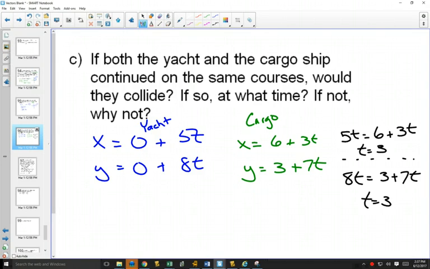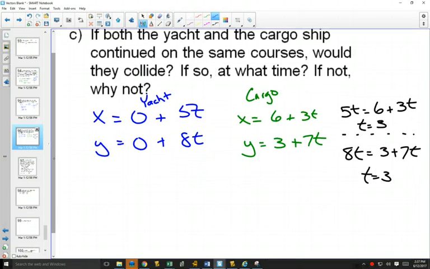So the fact that both the yacht and the cargo ship are going to be at the exact same place in 3 hours means that they will collide. And if you wanted to find exactly where that would be, you could plug in 3.